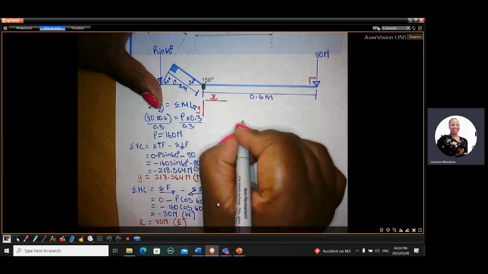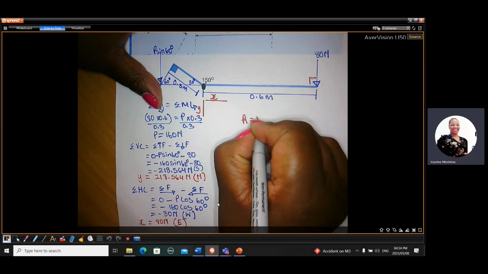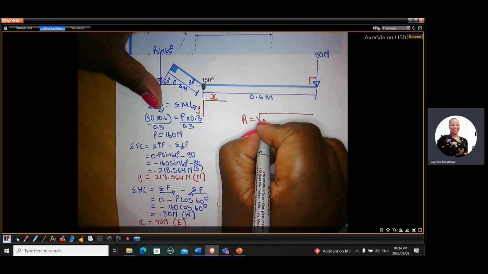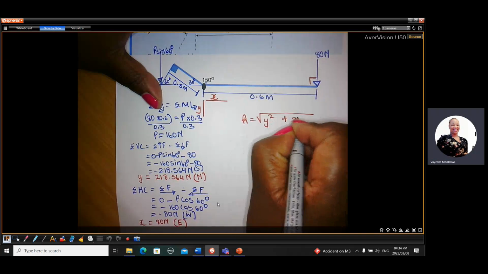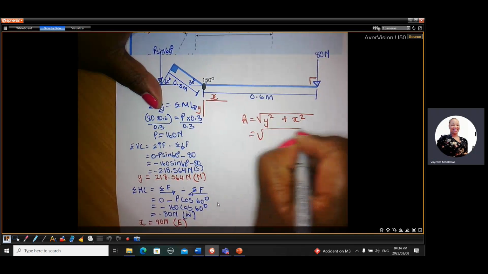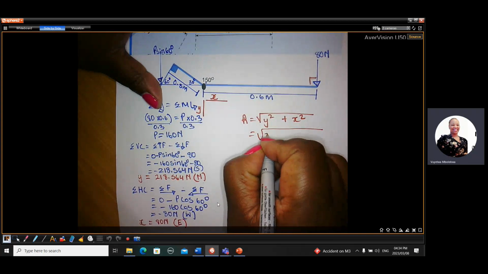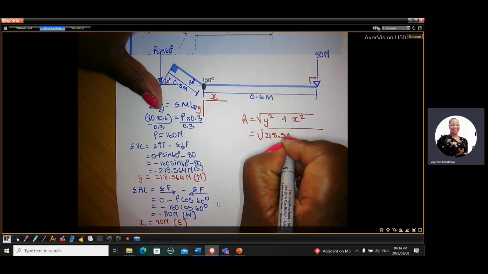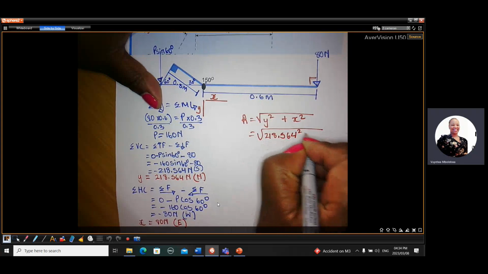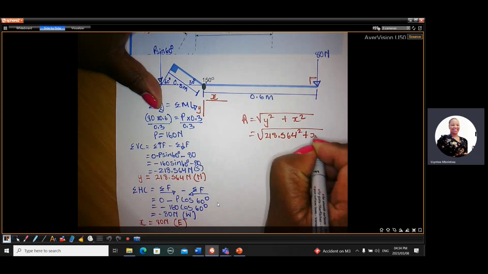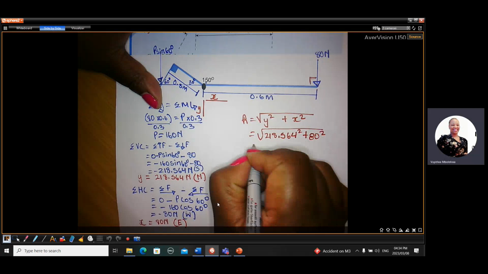And then we calculate the reaction force using our Y force squared and our X force squared. Our Y force is 218.564, we square that. Our X force is 80, we square that.